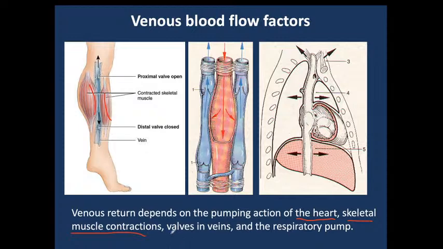And valves, of course, are factors. Here the valves are visible, here and here. It is not possible to flow back, flowing distally, only in the direction of the heart.